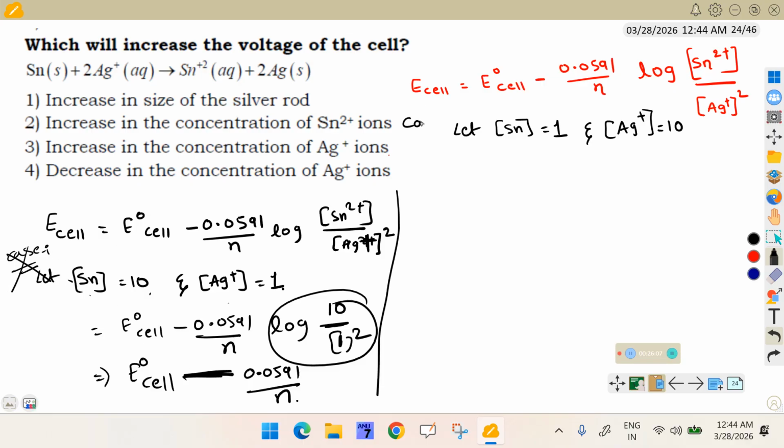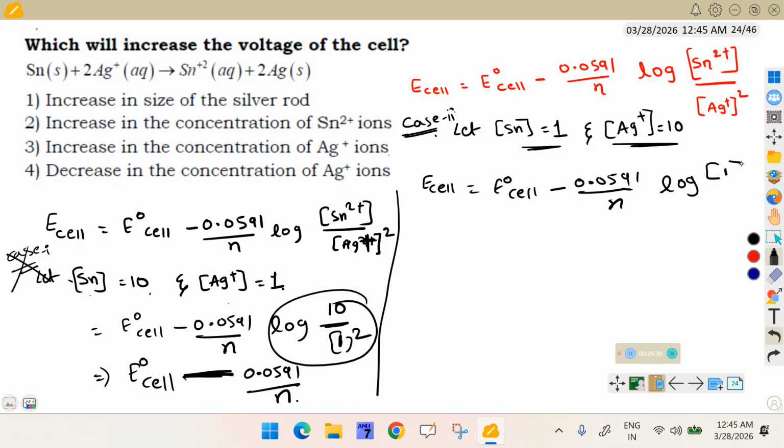Case 2, I considered Sn concentration 1, Ag plus concentration 10. I increased the concentration of Ag plus ions. Then E cell is equal to E naught cell minus 0.0591 by n log of Sn concentration 1, Ag plus ion concentration 10, whole square.